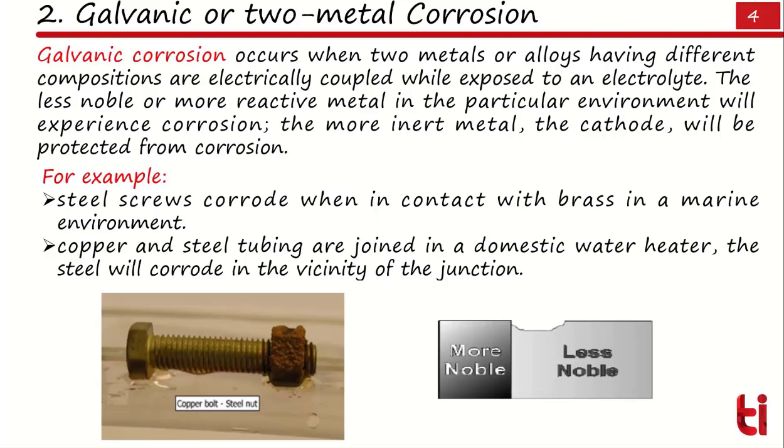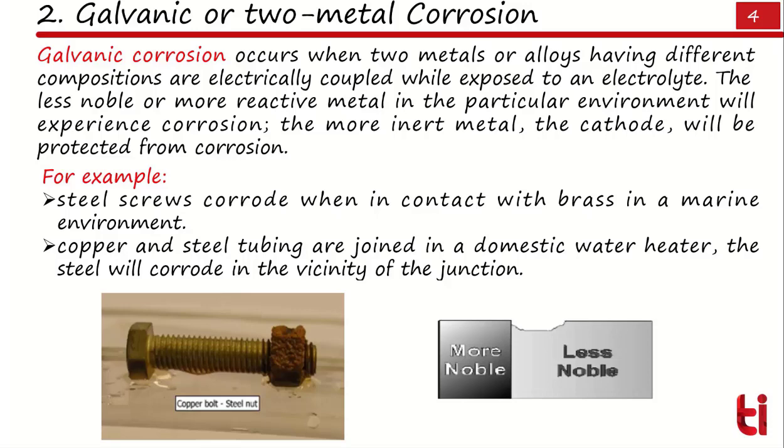The second kind of corrosion that we want to study is called galvanic corrosion. It is also named two-metal corrosion. We have understood the phenomena of galvanic corrosion in yesterday's class.